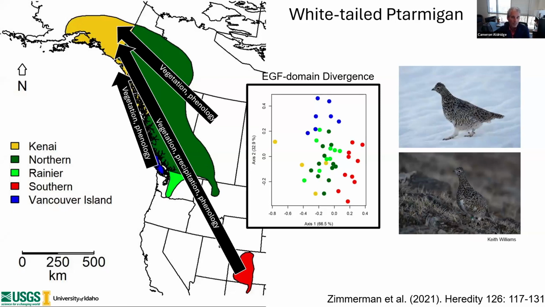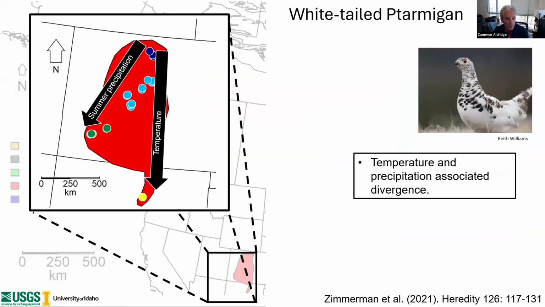changing conditions? So if we take a zoomed in look on the next slide a little bit further down to the southern subspecies, it occurs in Colorado and into New Mexico. We found precipitation and temperature gradients, even just within that smaller subset of range for the subspecies, was associated with that adaptive divergence.